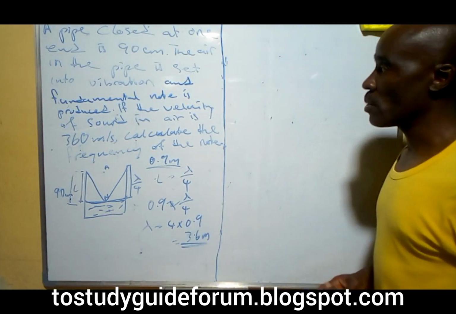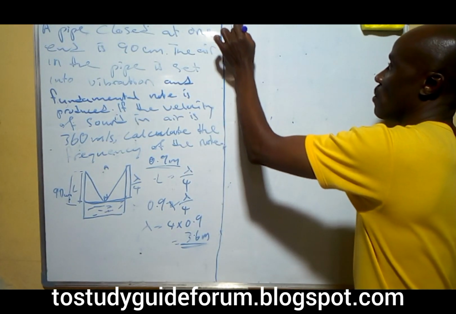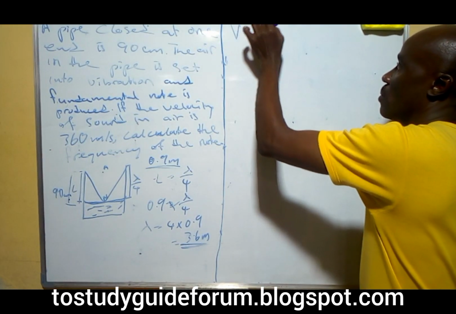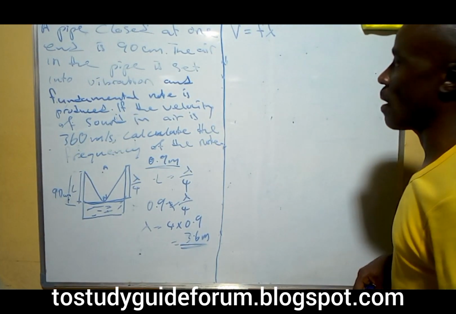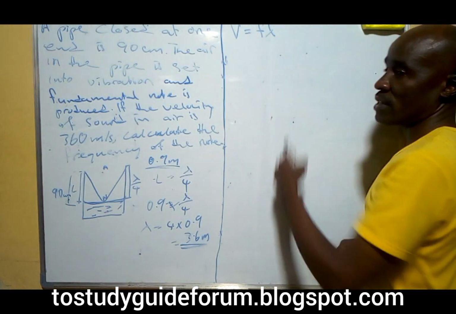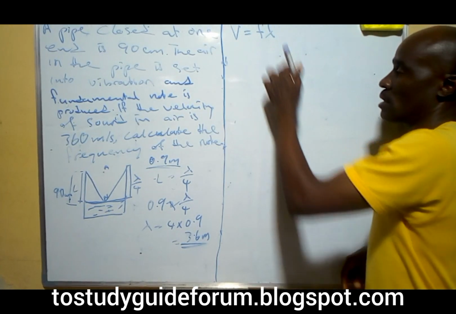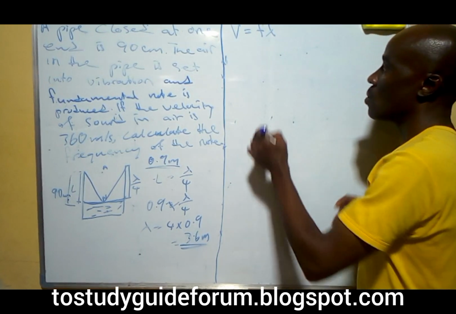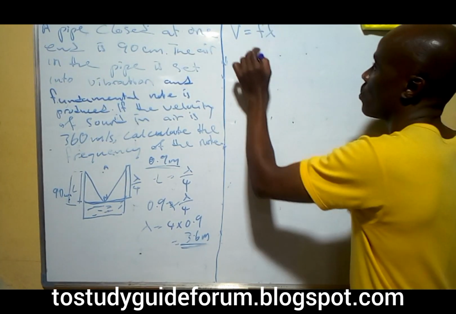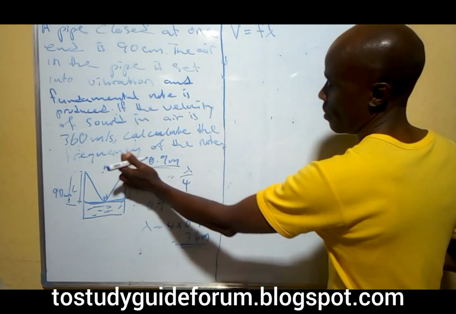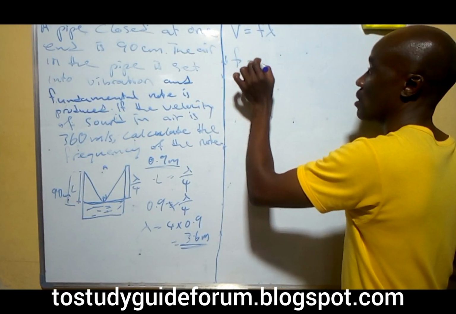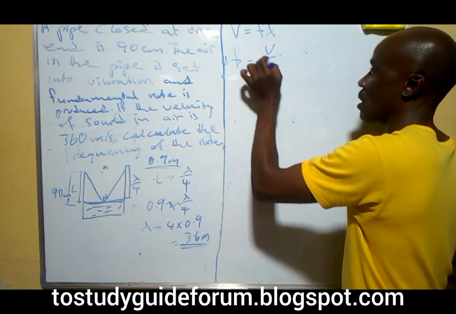We know that the frequency and the velocity or the speed of sound in air, we can calculate it with this formula, where the F stands for the frequency, this lambda stands for the wavelength, and this is the velocity. Since we're looking for the frequency, we can make the frequency the subject of the formula, which will look like this.